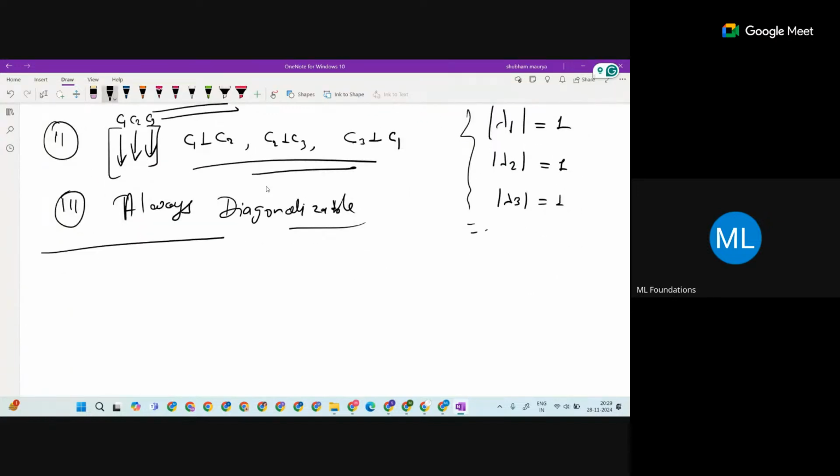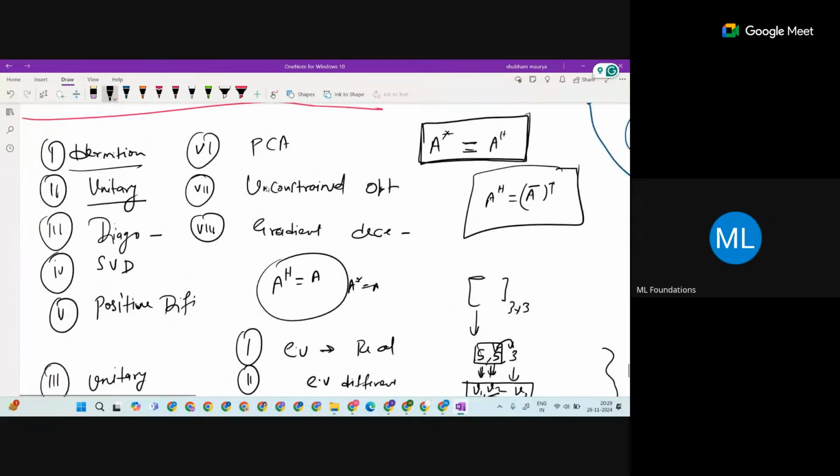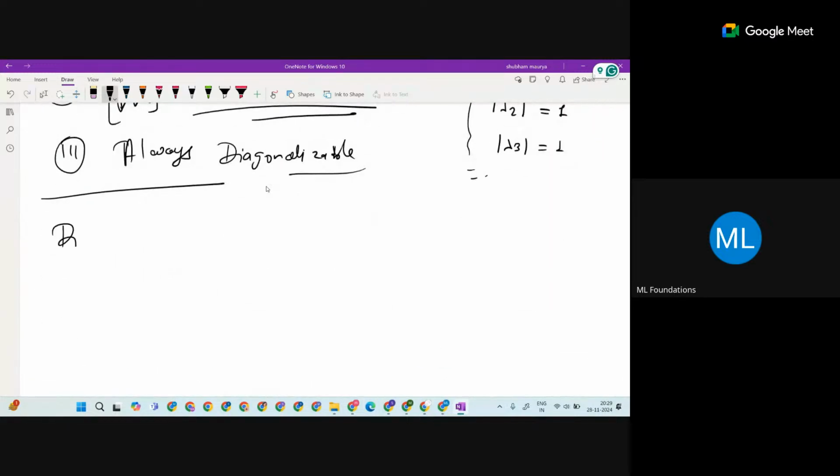So these are the properties of a unitary matrix. And next is diagonalizability. All the other properties we discussed were about the eigenvalues and eigenvectors. Suppose you have a 3x3 matrix, and you are able to find 3 independent eigenvectors. Whether the eigenvalues are the same or not is totally independent of that.